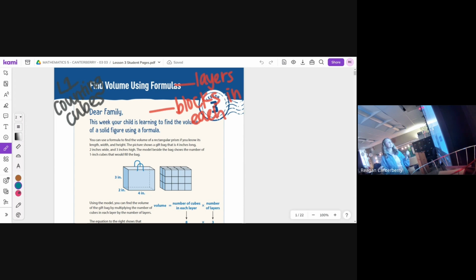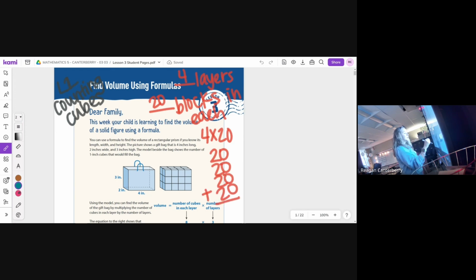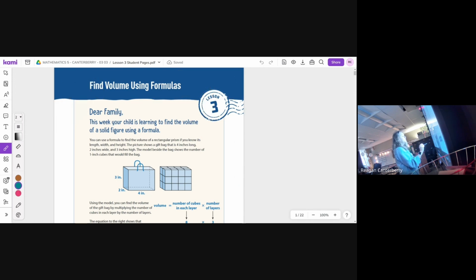Say that I have a figure that has 4 layers in it, and each layer has 20 blocks. Then they figure out that you could do 4 times 20, or they could use repeated addition and do 20 plus 20 plus 20 plus 20, and that would give them the total volume: 20, 40, 60, 80. That would be a volume of 80. Okay, so those were the first 2 ways that they learned how to find volume so far this year.